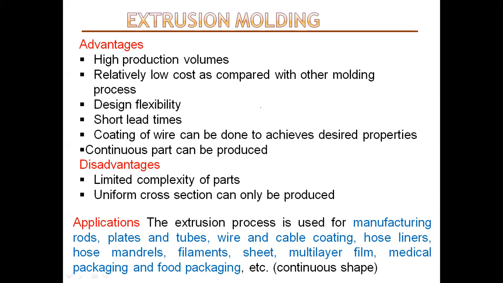Now let us see the next topic, the applications. Extrusion molding is used to produce parts such as rods, plates, tubes, wire, cable coating, hose liners, hose mandrels, filaments, sheet, multi-layer film, medical packaging, and food packaging, where a continuous shape is needed.